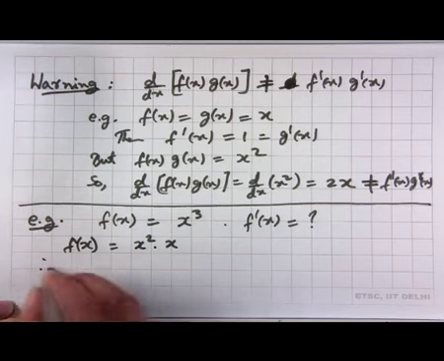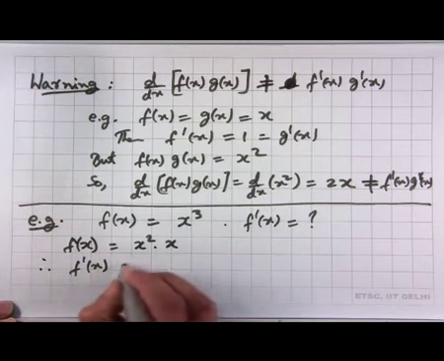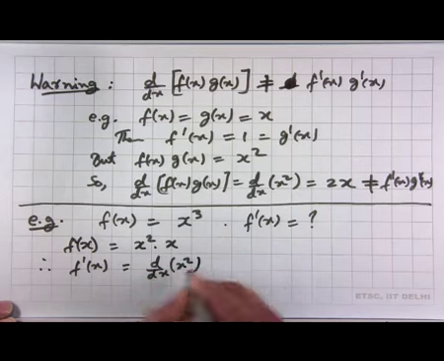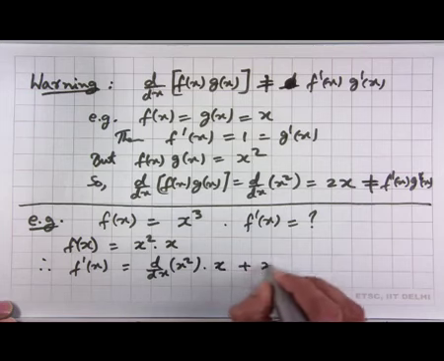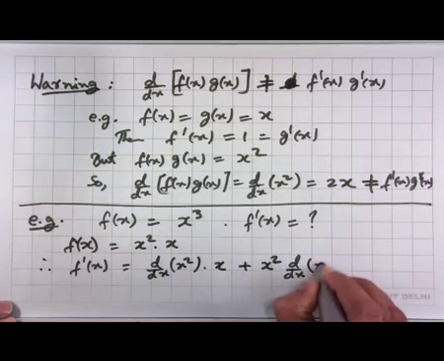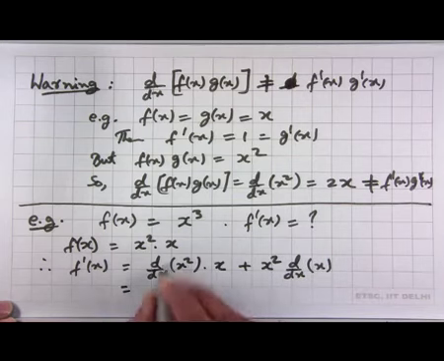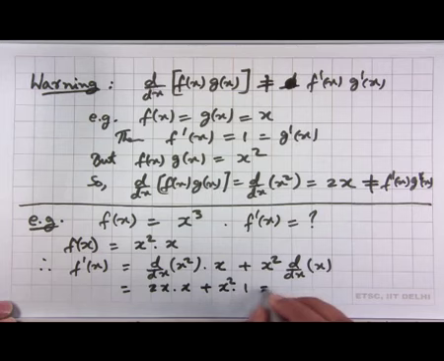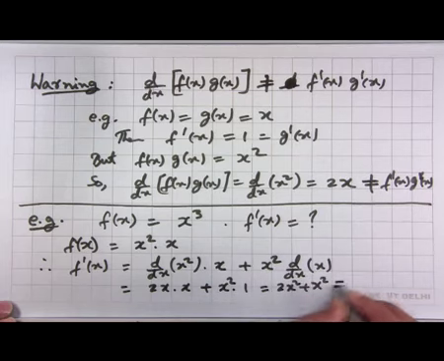Therefore, f prime x will be equal to d by dx of x square times the second function, x, plus x square times d by dx of x, which is equal to the first derivative, 2x times x, plus x square times 1. So, we get 2x square plus x square, which is 3x square.